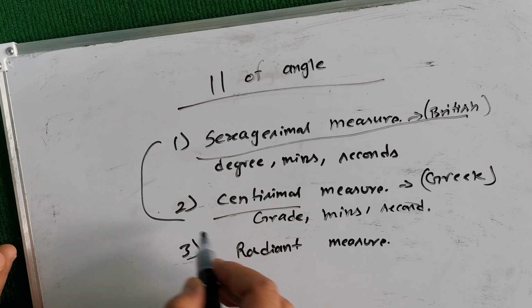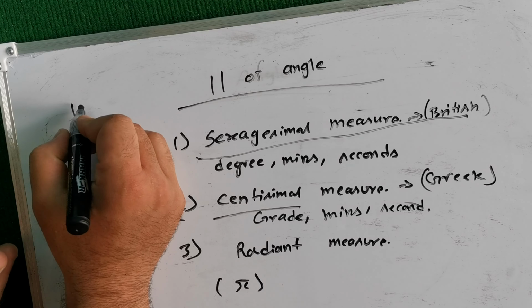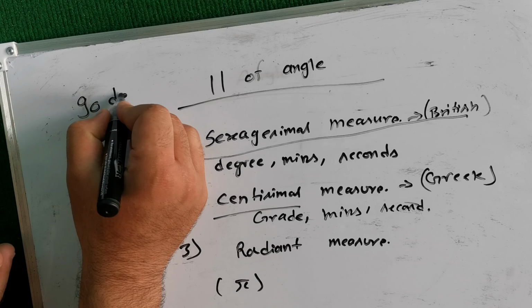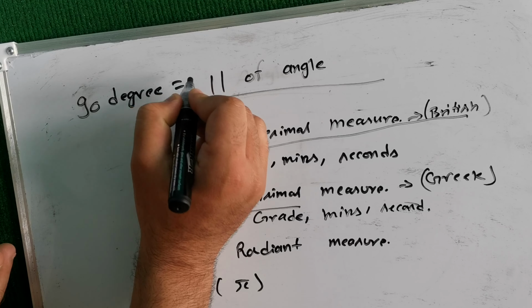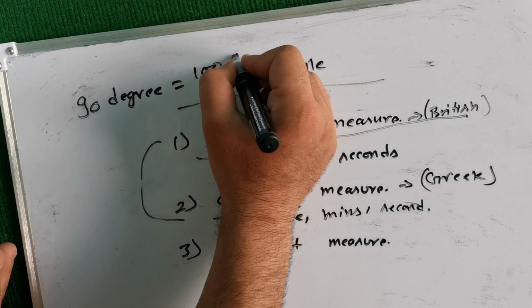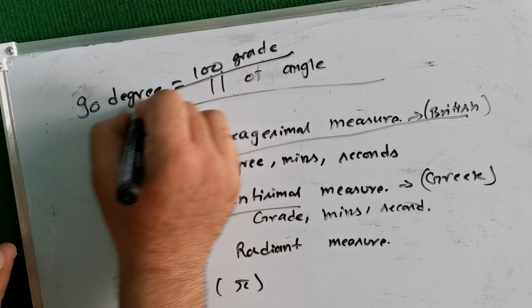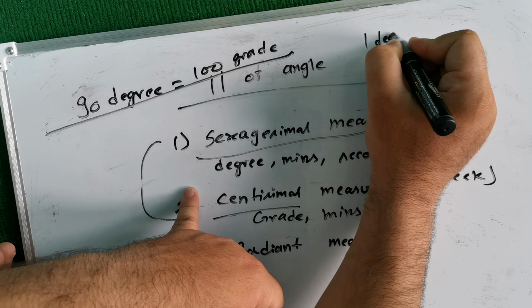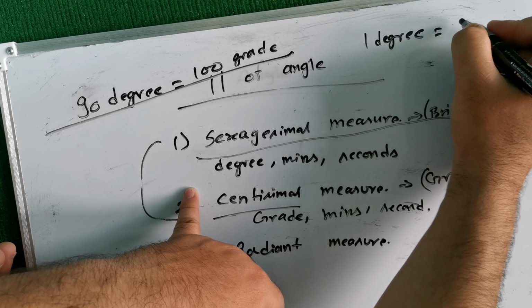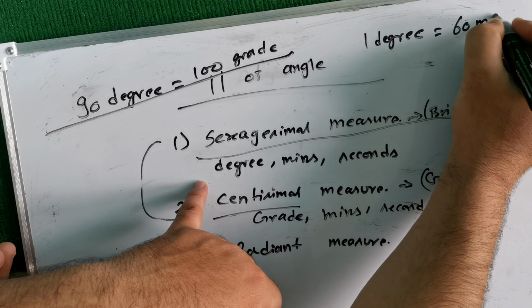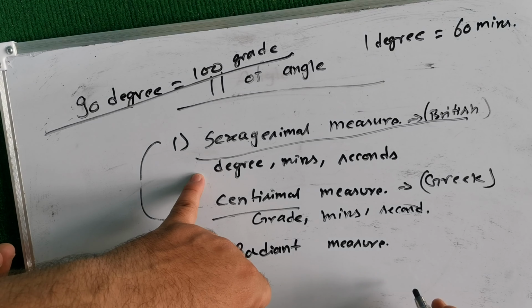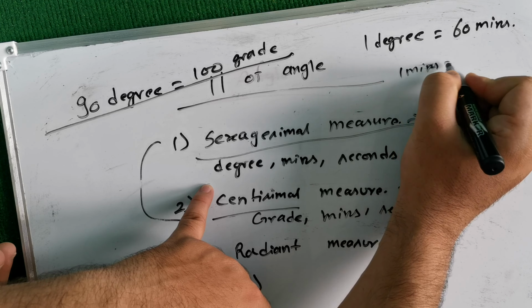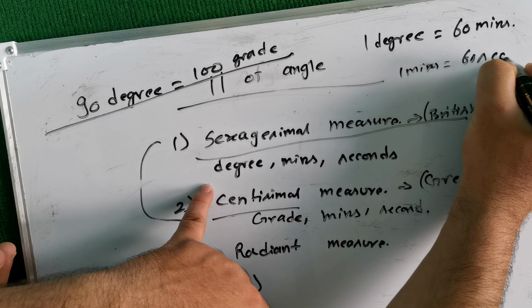Let's compare this right now. 90 degrees is equal to 100 grades. 1 degree is equal to 60 minutes, and 1 minute is equal to 60 seconds.